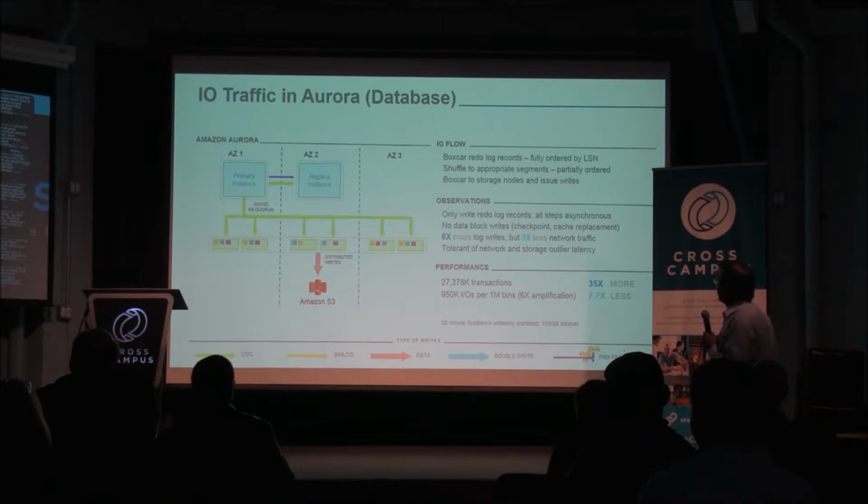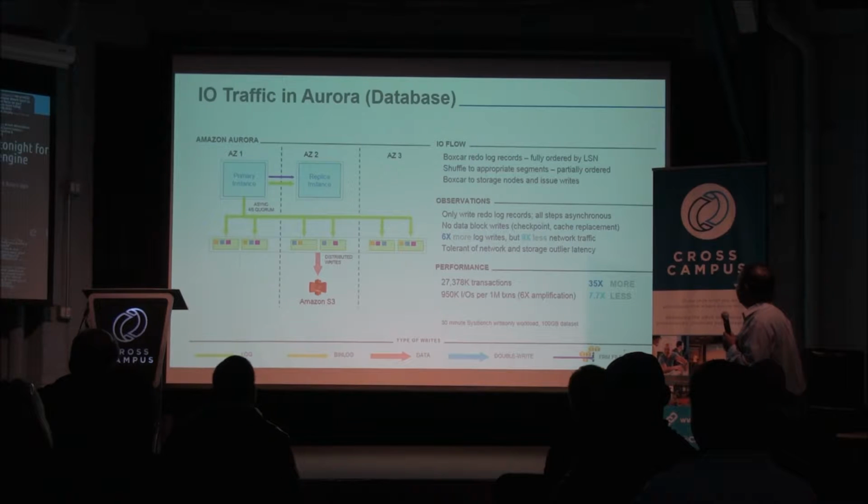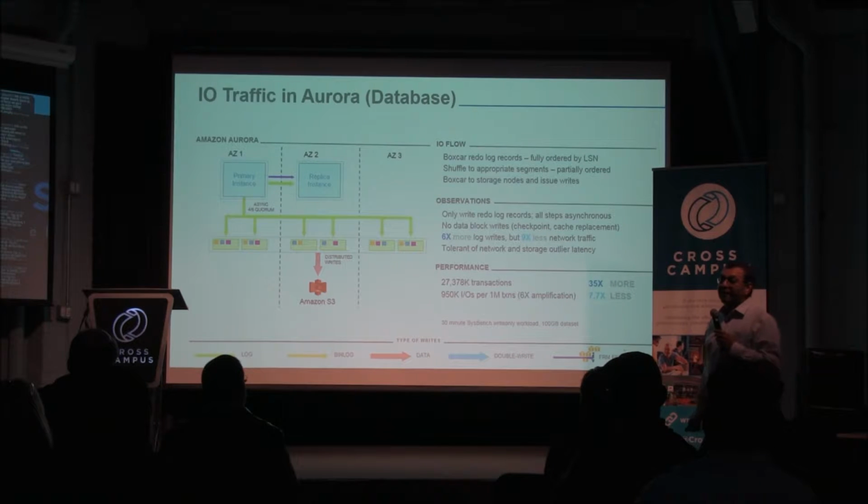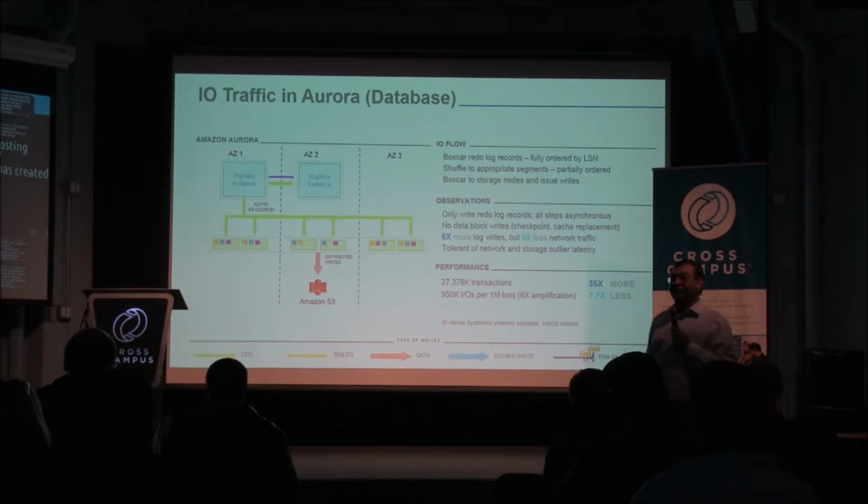But the amount of traffic is so much lower that even with 6 copies, the total number of I/Os is almost 1/8 of what you see in the case of MySQL writing to EBS. That's one of the primary reasons, by the way, that even when we are writing 6 copies of the data, we are getting much better performance.